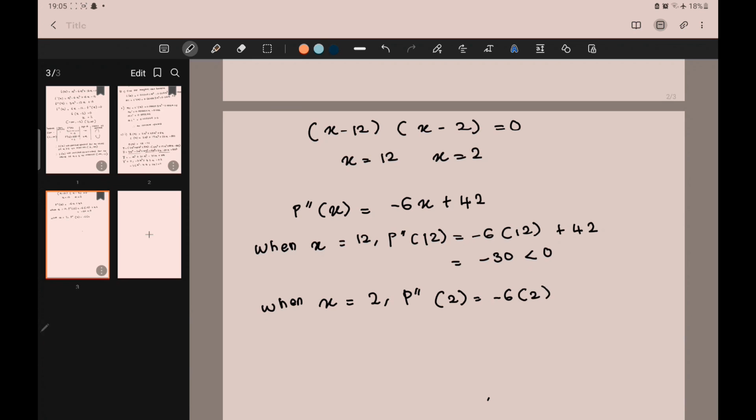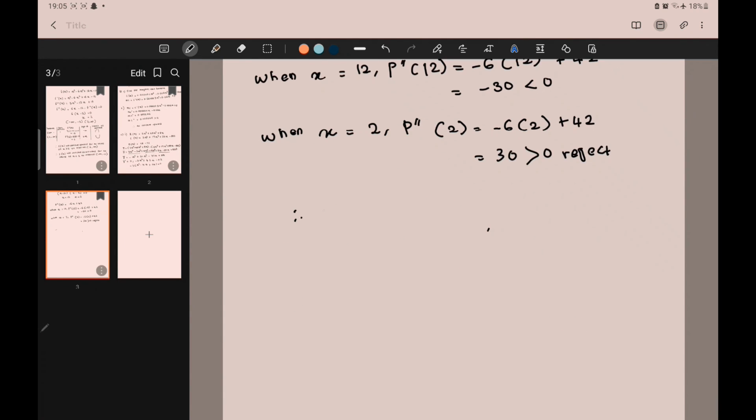We reject this answer because a company will maximize profit when MR equals MC and the second derivative is less than 0. We can conclude that since the second derivative is less than 0, x equal to 12 units is the level of production that will maximize the profit for the company.